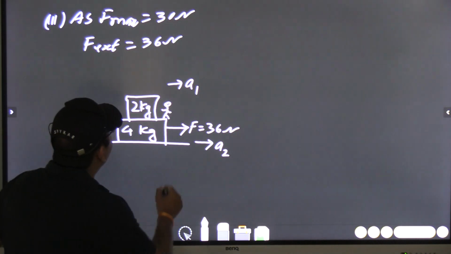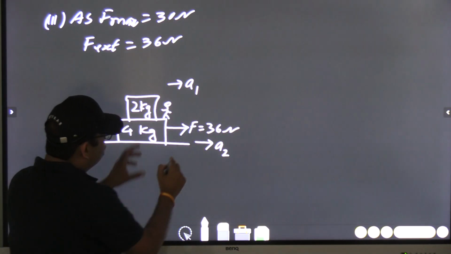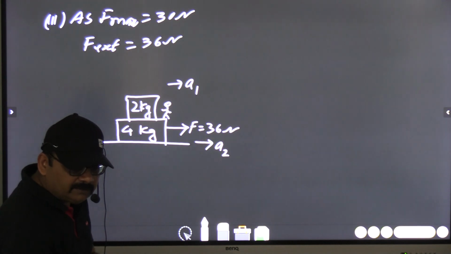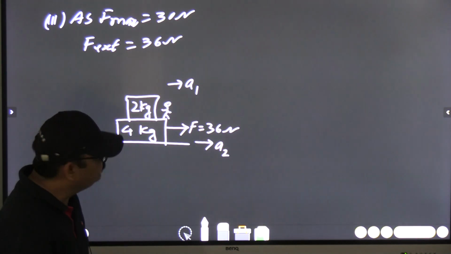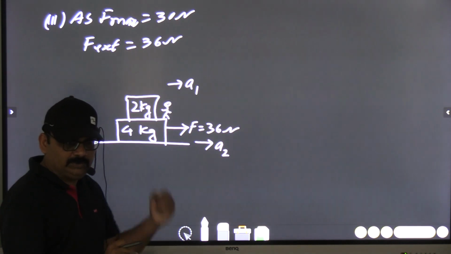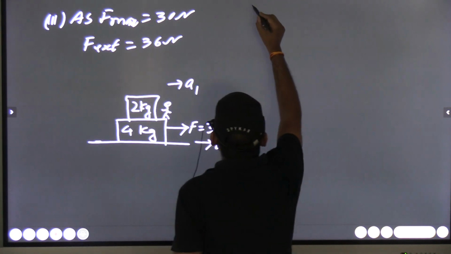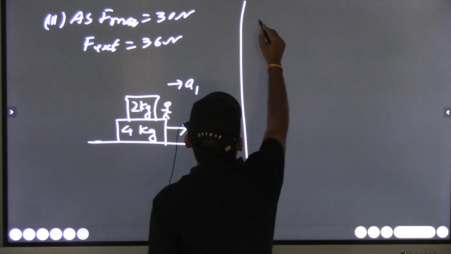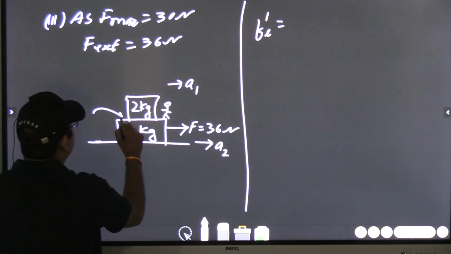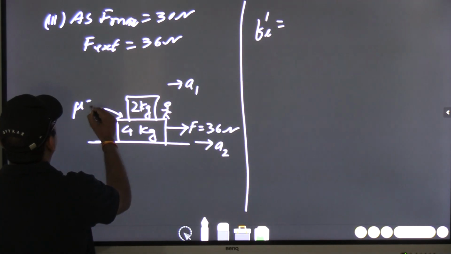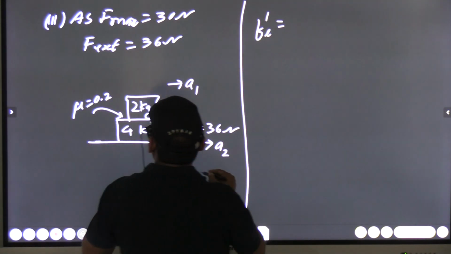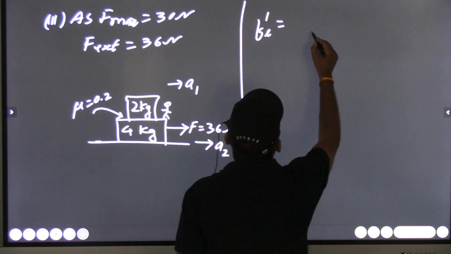So now let us draw the free body diagram, and before it let us calculate the magnitude of friction between the upper body and the lower body. We haven't done this, right? So the coefficient of friction between the blocks is 0.2. It is 0.2, right? And the mass is 2 kg. So what is FL?